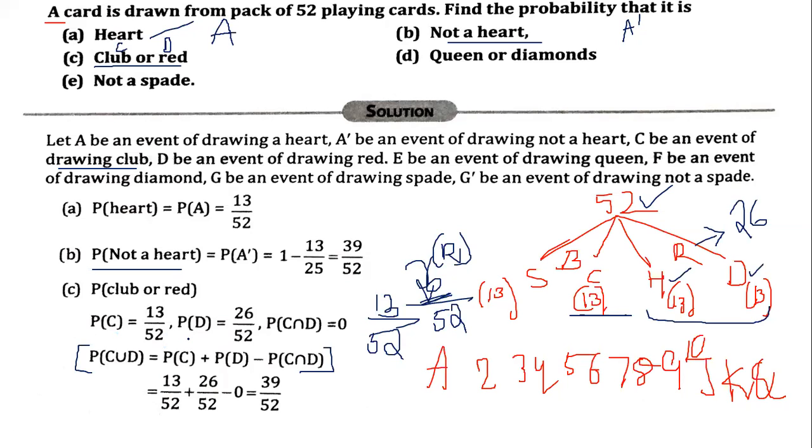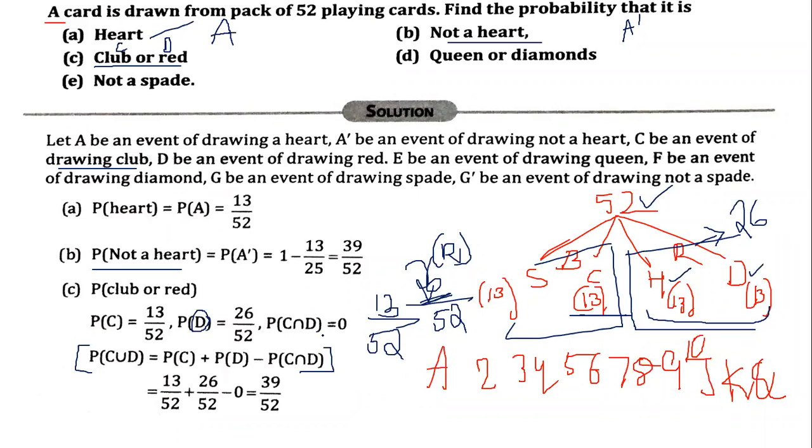The probability of getting a red color card, that is event D, is 26 by 52. And in both of them there is nothing common. Club cards are completely different from red color cards, so there is no C intersection D.